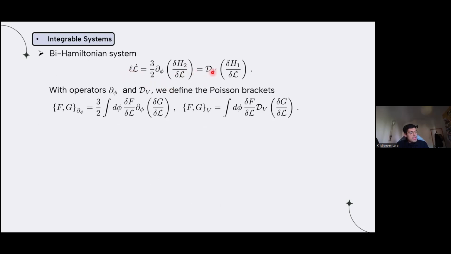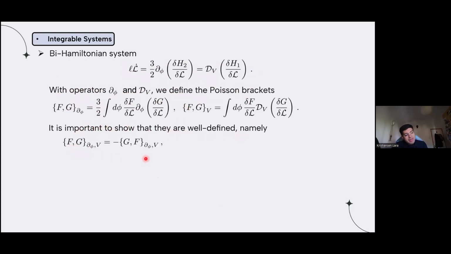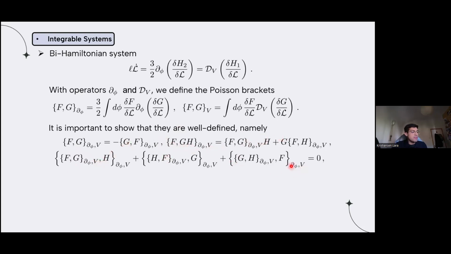So, with the KdV rewritten in this Hamiltonian form, notice that with operators D phi and Dv, for some arbitrary functions f and g defined on the phase space, it is possible to define the following Poisson brackets. And it is important to show that they are well defined, namely that they are antisymmetric, they fulfill the Leibniz property, and also the Jacobi identity. And also that they are compatible, namely that the linear combination of these Poisson brackets yields a third structure, this one that you can see here.